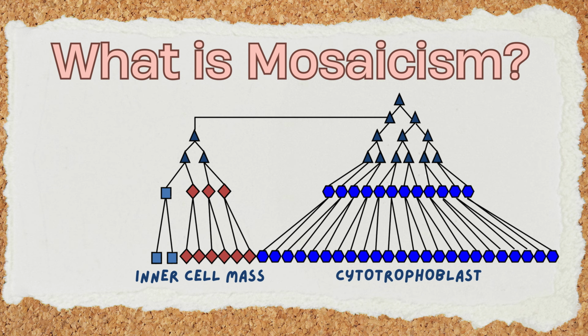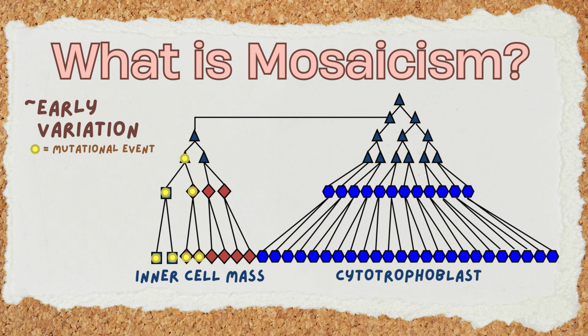Think of it like a branching family tree. Imagine a mutation occurs very early in development, when there are only 8 cells. Everything descending from that one abnormal cell carries the variation. If the variation instead occurs much later, perhaps after millions of cells have already formed, only a very small region of the body may contain those abnormal cells.